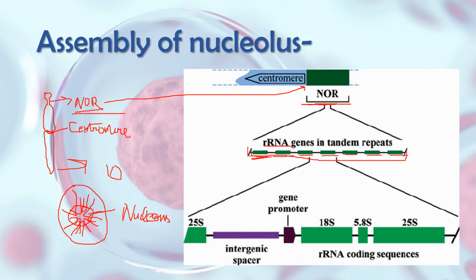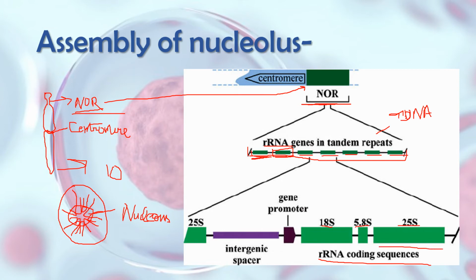So this particular part is our rDNA, which is responsible for the synthesis of ribosomal RNA. If we magnify this particular gene, we will see the RNA coding sequences 18S, 5.8S and 25S.